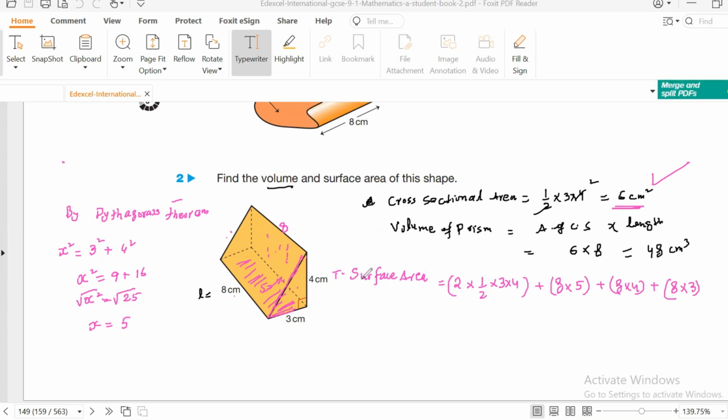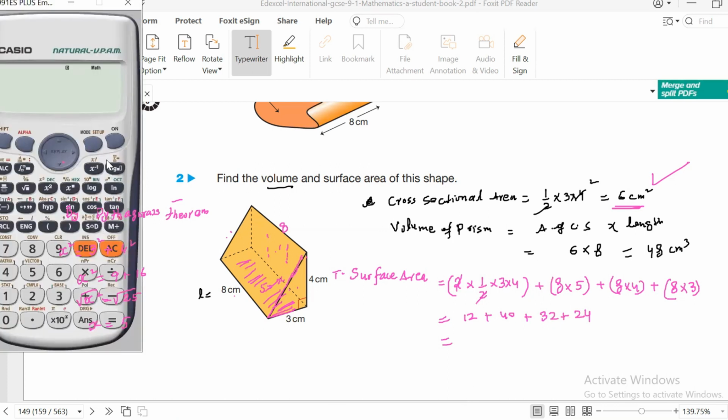So now we can cancel 2 and 2. So 4 threes are 12 plus 8 fives are 40, 8 fours are 32 plus 8 threes are 24. We have to add all. So once you add all, it would be 12 plus 40 plus 32 plus 24.